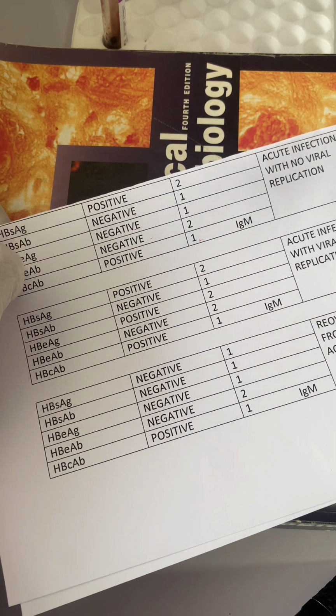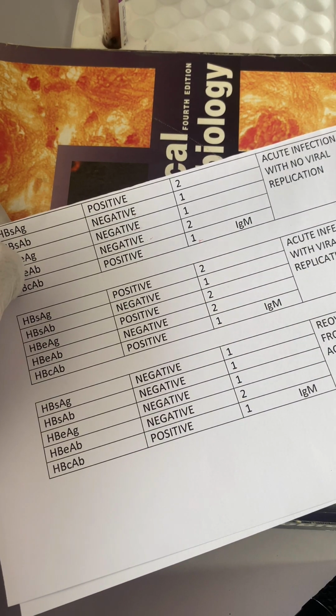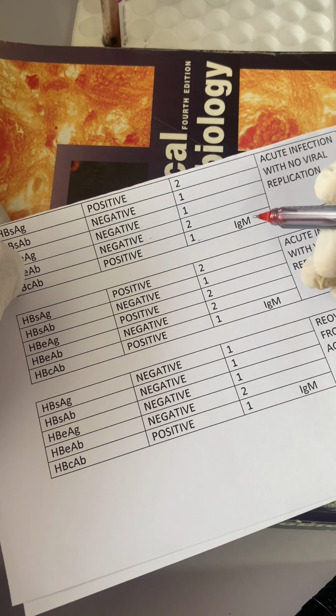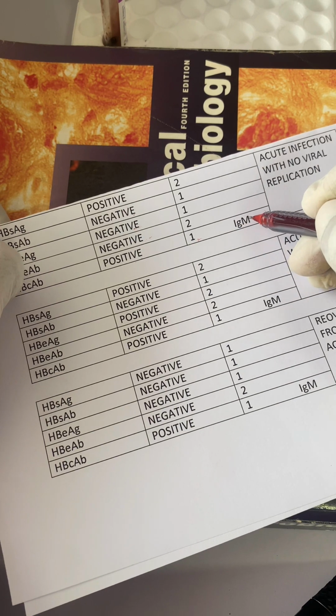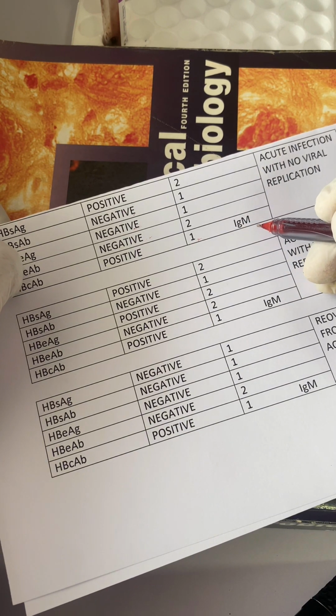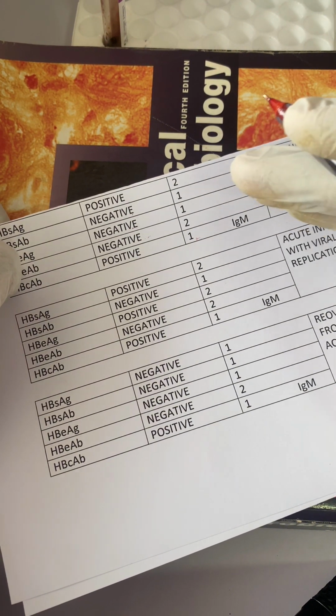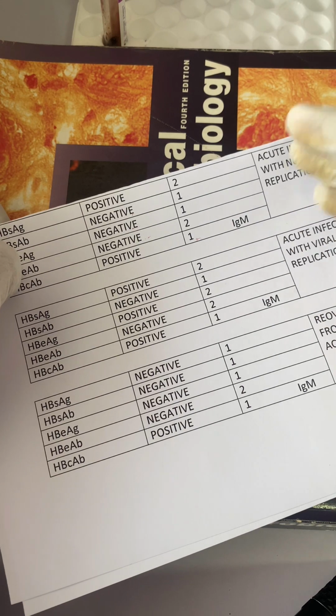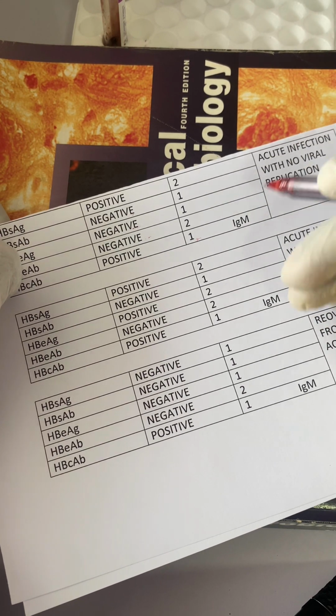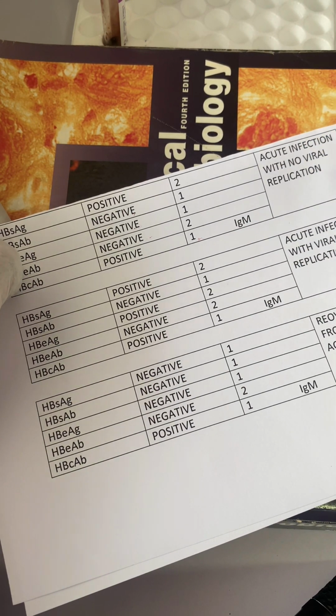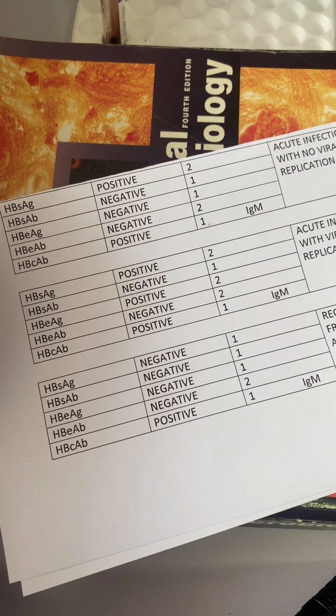By this time, your immune system has started fighting against the infection, and the antibody that will be produced will mainly be IgM type. So there's a person who has had an acute infection. There is no viral replication, and the immune system has started fighting against it. Good. So that's number 4.